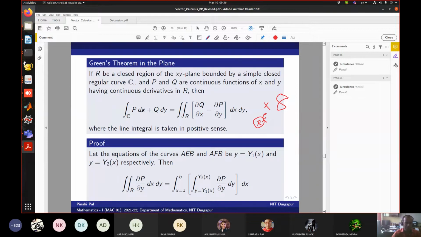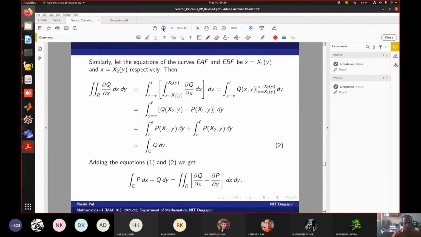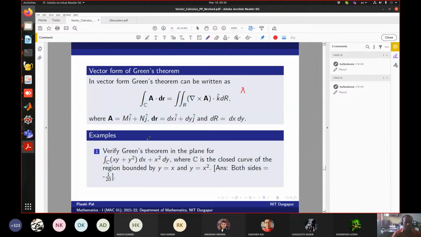You replace P and Q by M and N. I should not have changed the notation. Anyway, so M i plus N j, and you take the dot product of this with dr, you will get M dx plus N dy, and we have to take the integral over the closed simple curve C, which is enclosing a region R, and the sense of description of C is positive.